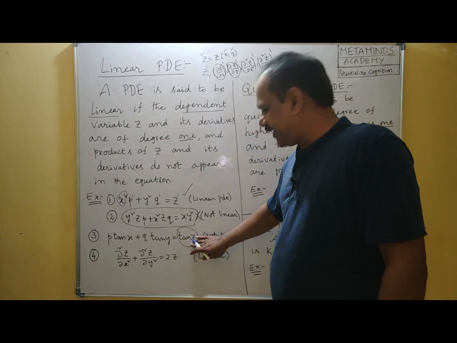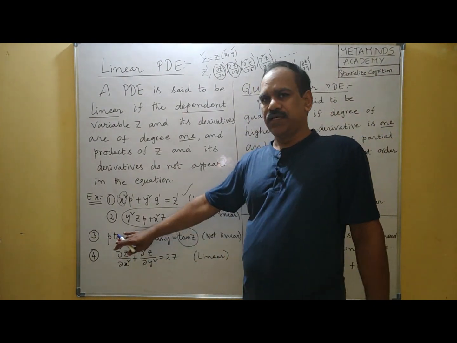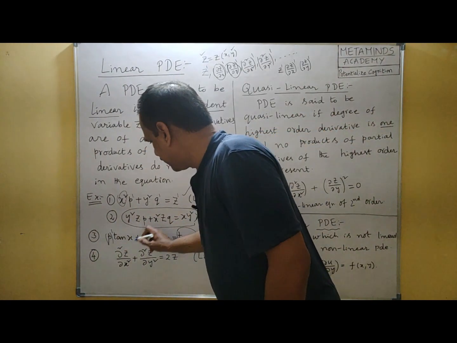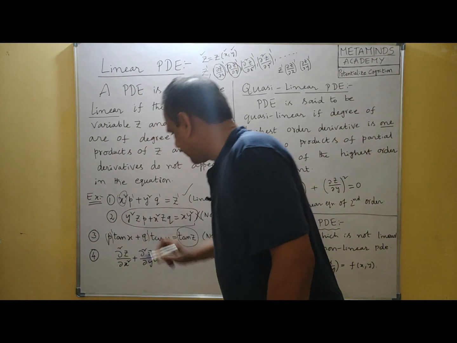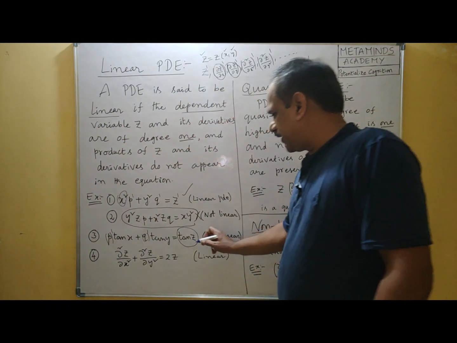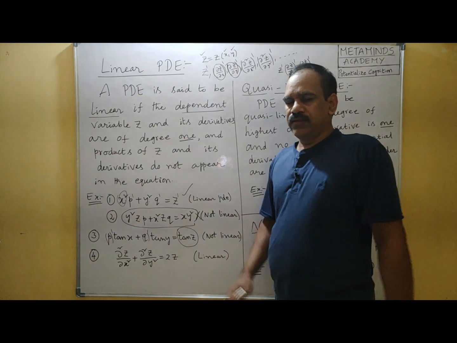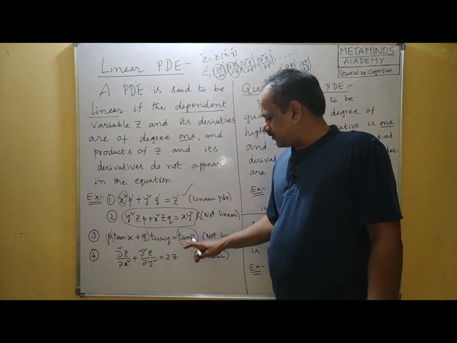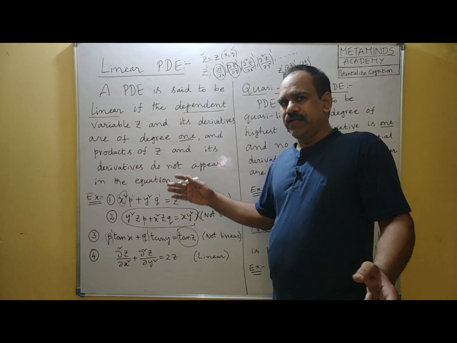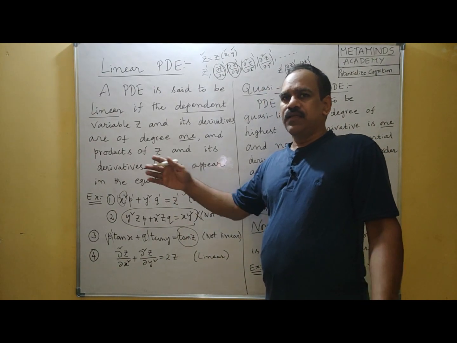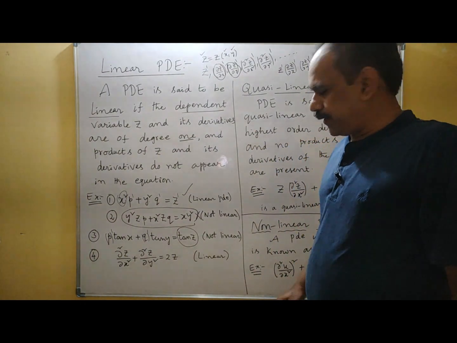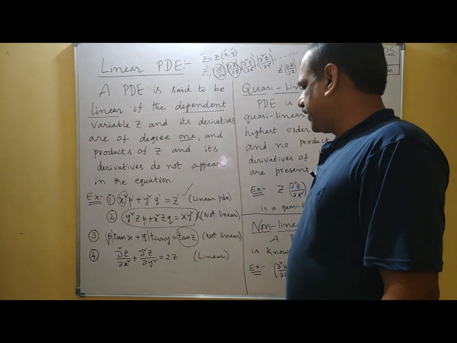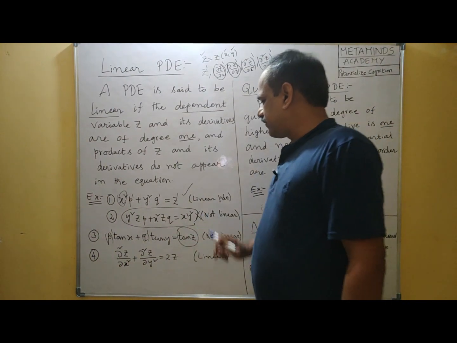If you have only z here, then this becomes a linear equation because the degree of p is 1, the degree of q is 1, but the degree of z is not 1 here. You have tan z. Tan z is sin z by cos z, and you know the expansions of sin z and cos z, and you can also write the expansion of tan z. You will have non-linear terms in the expansion, right? So tan z is non-linear. So the degree of z is not 1 here. So it is a non-linear equation.